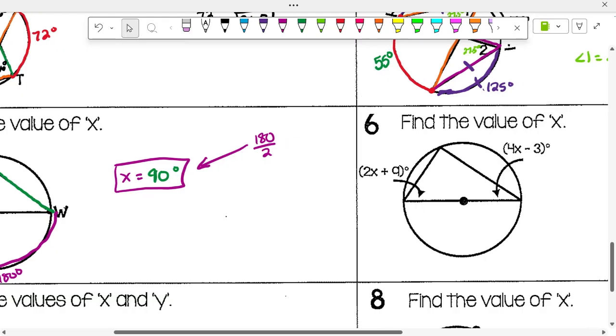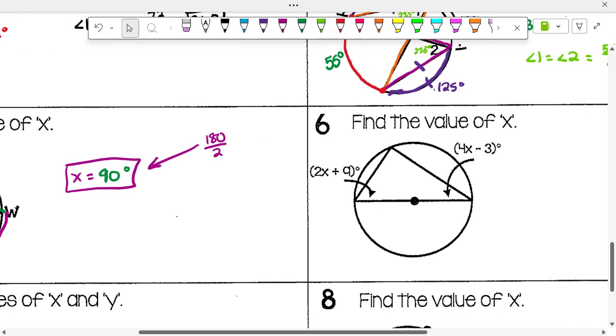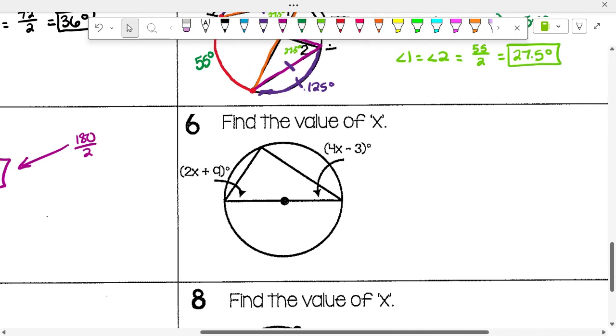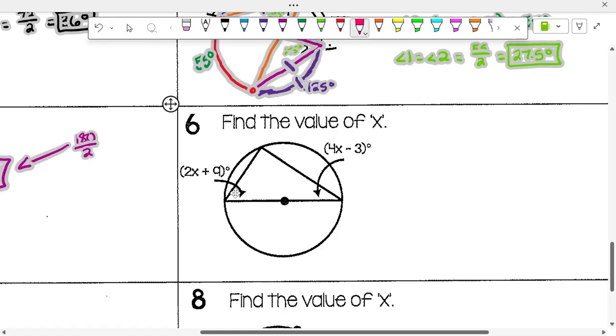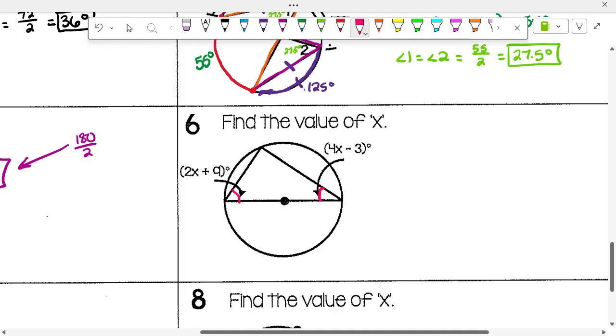Now, let's look at this one. They want us to find the value of x. They have these two angles right here. And if you look, this inscribed angle right here would be 90, because it's intercepting that semicircle.